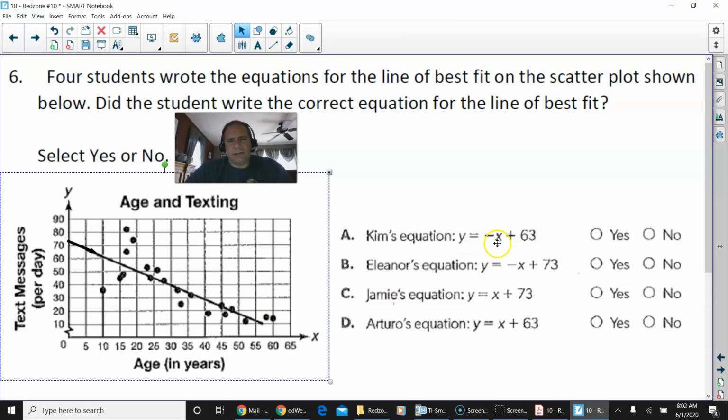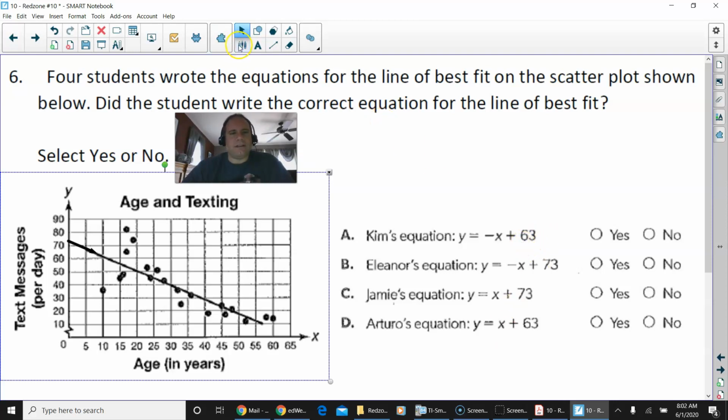That Kim's equation is -1. So is Eleanor's. Jamie's equation is 1, and Arturo's equation is 1 for the slope as well, for the rate. And so that means you really don't have to figure out the slope. Right? It's either negative or positive. They don't have two different negative numbers. Like, it's not like they have -1 and -2. So you don't have to figure anything out.